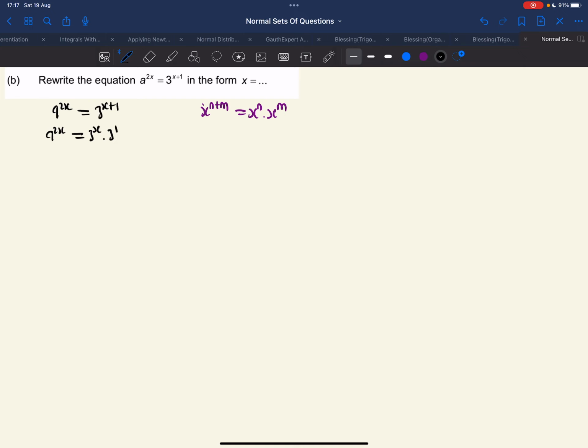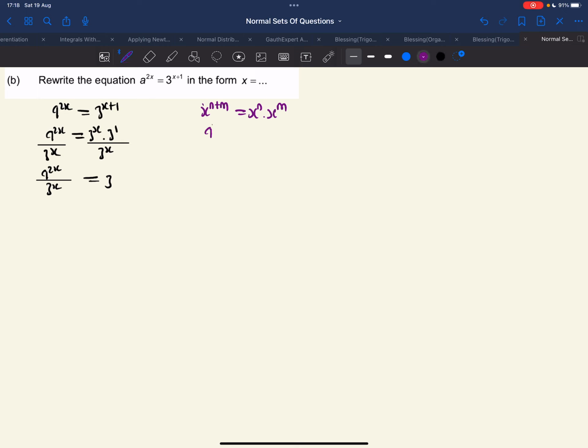Then the next thing we can do is divide both sides by 3 to the power of x. So if we divide both sides by 3 to the power of x, we get a to the power of 2x over 3 to the power of x equals 3.